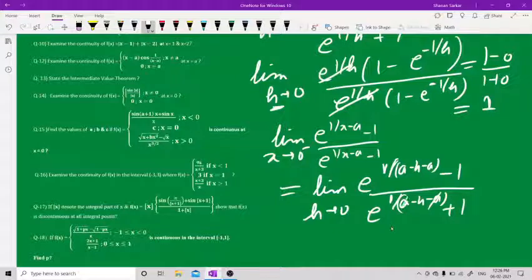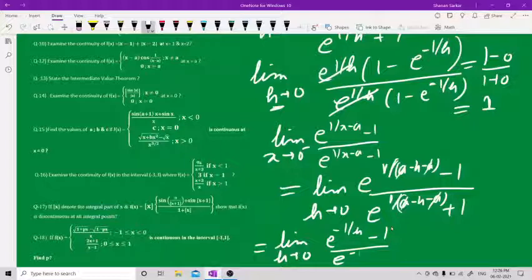So this minus a plus a, this becomes limit h tending to 0, e to the power of minus 1 upon h, minus 1, and e to the power of minus 1 upon h, plus 1. Take the limit. This will become 0 minus 1 and 0 plus 1. So you'll get minus 1. Here you got plus 1. So the limit does not exist. Function is not continuous.